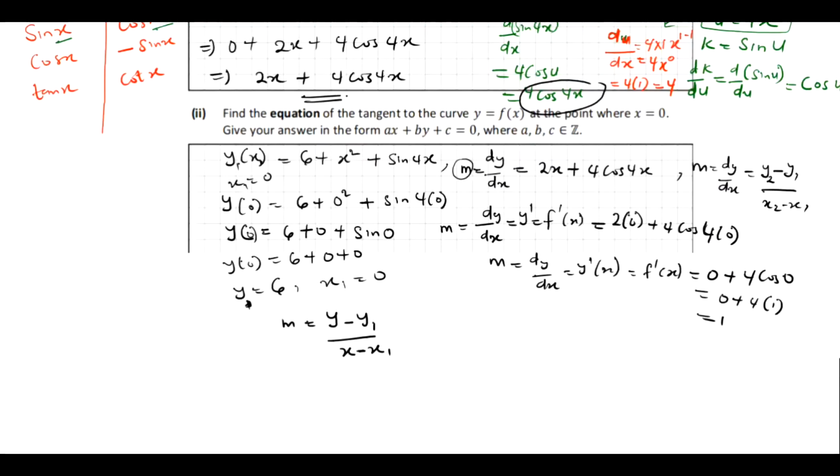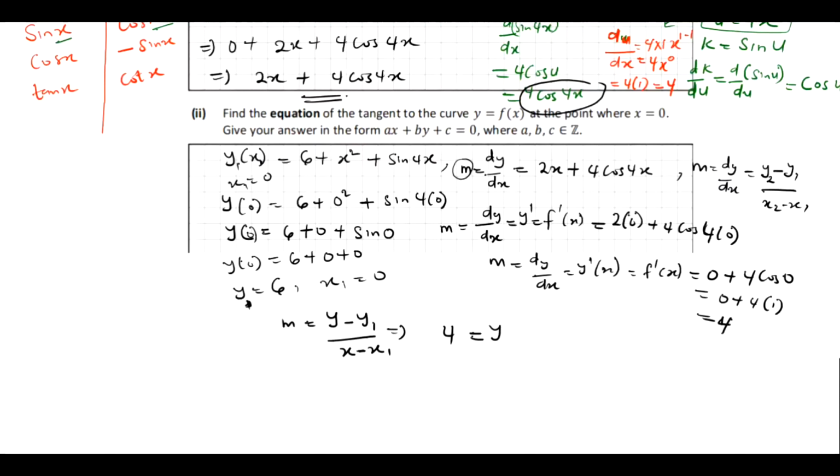So what's my slope? My slope is 0 plus 4 times 1. Sorry, 0 plus 4 times 1 is going to give you 4, not 1. So take note of that. So this one is going to be 4 equal to, now, what's my y? I'm trying to derive the equation.